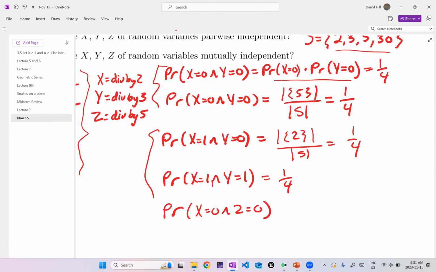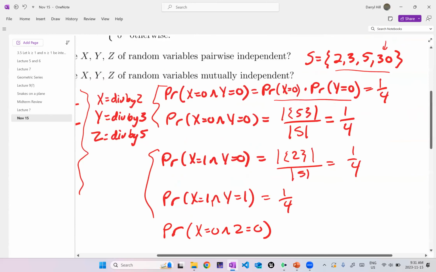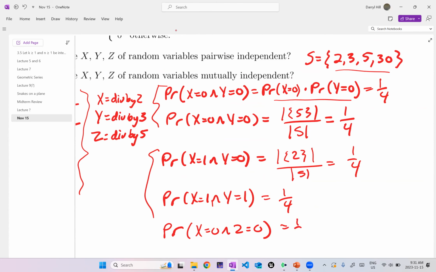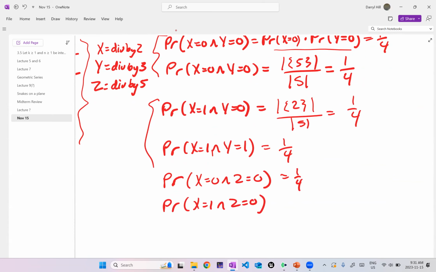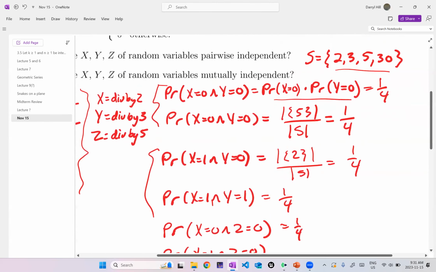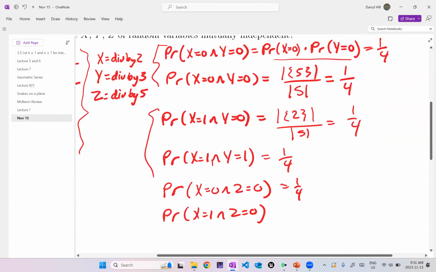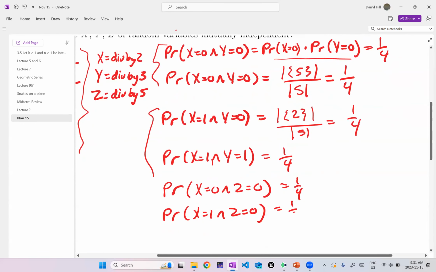So I need a number that's not divisible by 2 and not divisible by 5. That leaves only 3, right? Because 30 is divisible by everything. So this is 1/4. And then the probability that x equals 1 and z equals 0. So it's divisible by 2, but it's not divisible by 5. So that leaves only 2. So that's also 1/4.